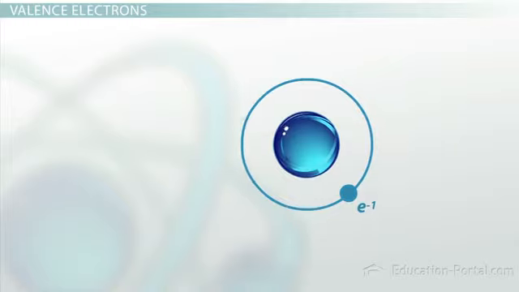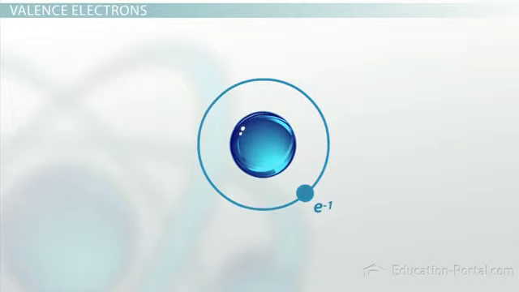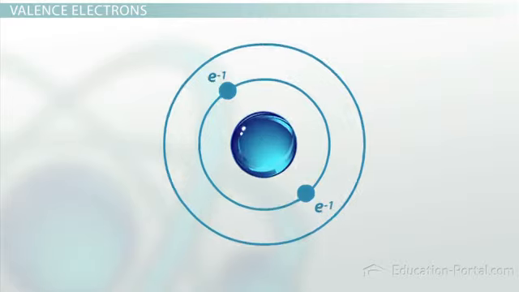Now, atoms want to have full electron shells. So we talked about 1s as being able to hold 2 electrons. So this atom with only 1 electron in this valence level is unstable. And it wants to have a full valence level. Take another example here. If there's 2 electron levels here, if I had 1 electron out here in the second level, this valence level has 1 electron, right?